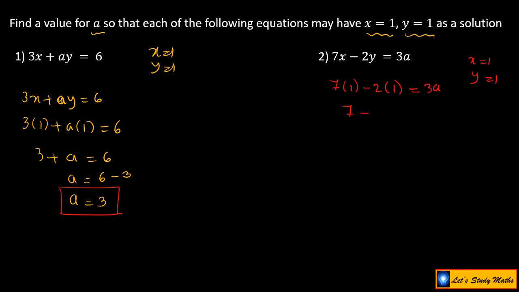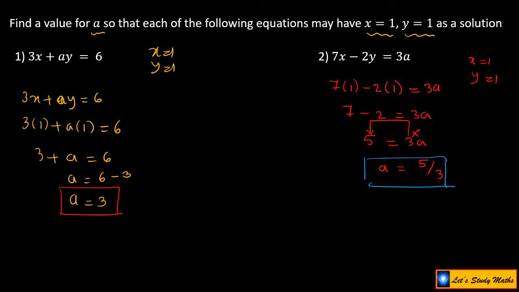So 7 minus 2 is equal to 3a. So this is 5 is equal to 3a. Now a is equal to 5 by 3. So here 3 into a it is. So when you transfer it to the other side, it will become division. So that is 5 by 3. So a is equal to 5 by 3 here.